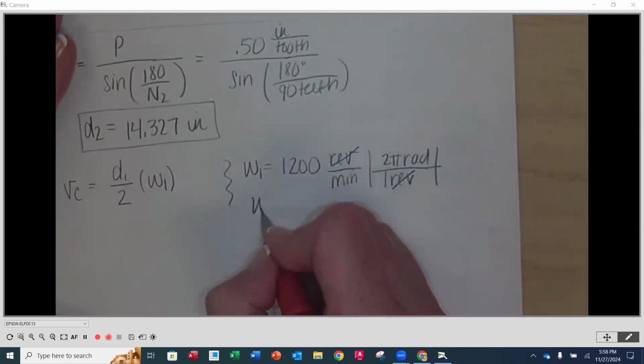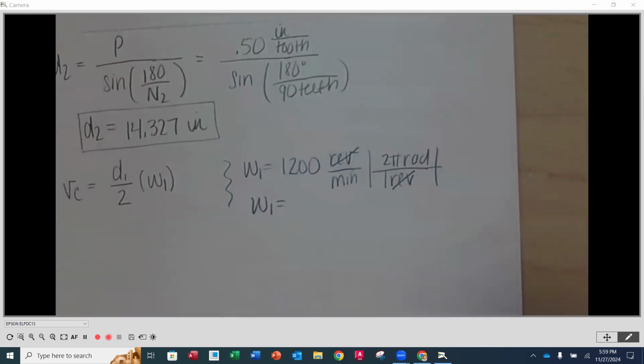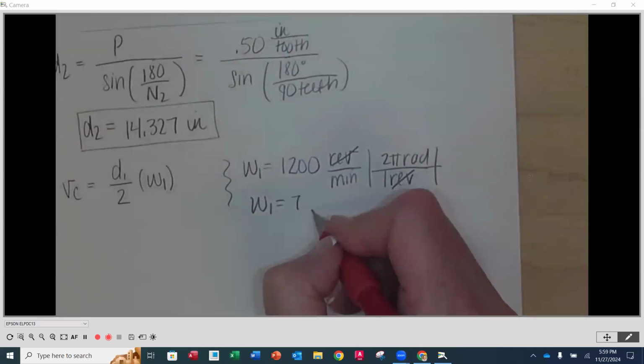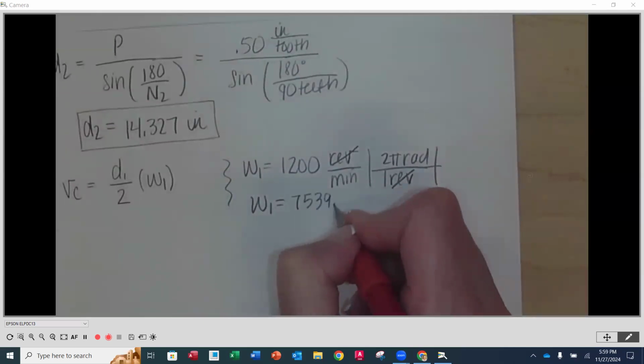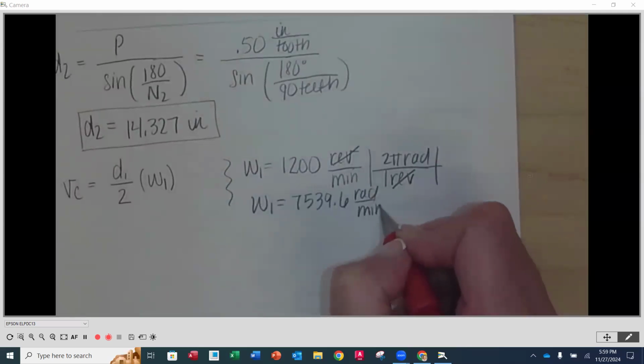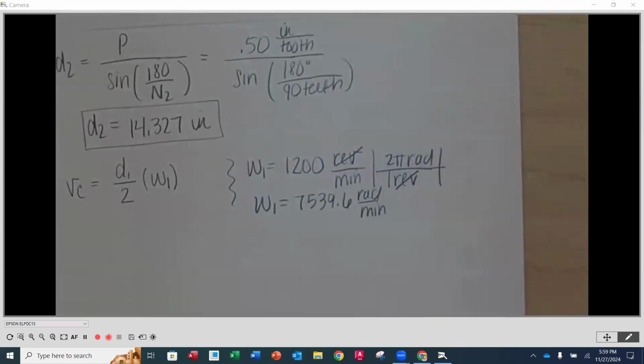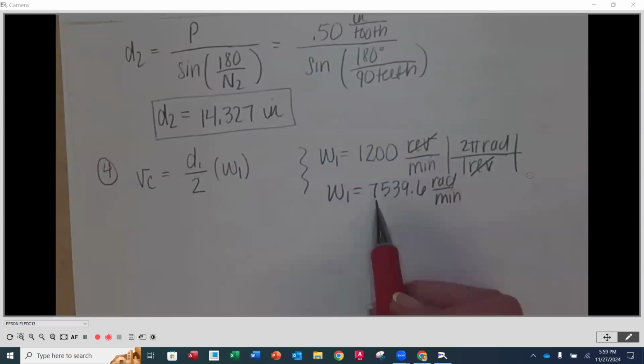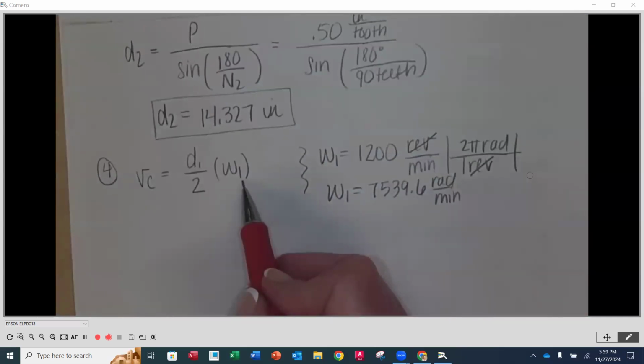Revolutions cancel. So our W1 should end up being about 7539.6 radians per minute. And then that'll be the value that we put in here.